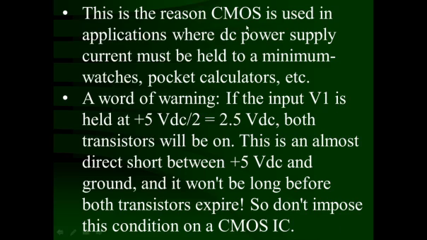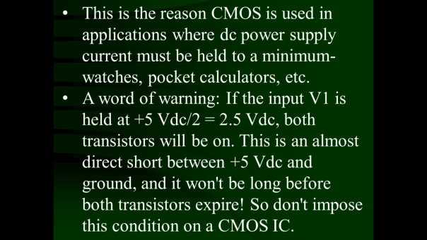This is the reason why CMOS is used in applications where DC power supply current must be held to a minimum, like wristwatches, pocket calculators, etc. A word of warning: if the input voltage V1 is held at plus 5 volt divided by 2, that means 2.5 volt DC, both transistors will be on. The N channel MOSFET is on and the P channel MOSFET is also on.